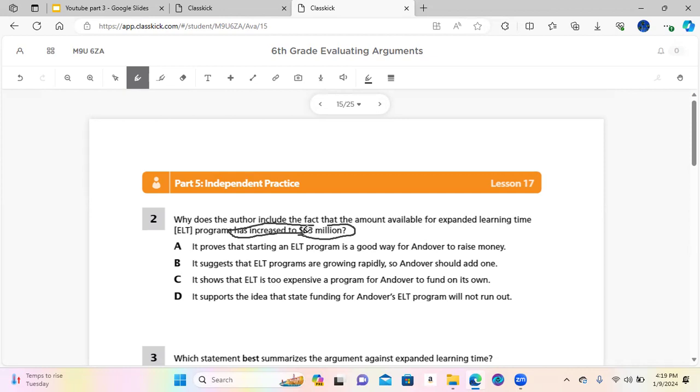Is it A, it proves that starting an ELT program is a good way for Andover to raise money? Is that correct? Well, choice A is incorrect. The grants are meant to fund ELT programs, not to raise money for Andover. So that's incorrect. Let's look at B. It suggests that ELT programs are growing rapidly, so Andover should add 1.